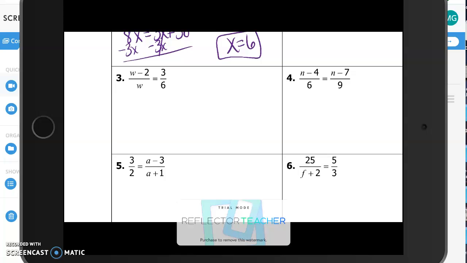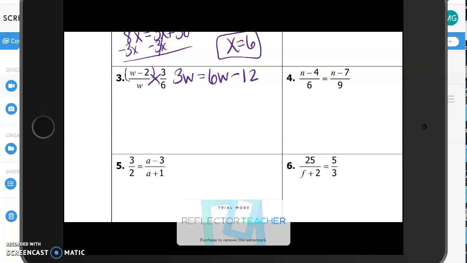Number 3, I'm going to start with this one. 3w equals 6w minus 12. So there I did not write out that first line where you show that you have to distribute the 6. I went ahead and just distributed the 6 to the w and the 2.